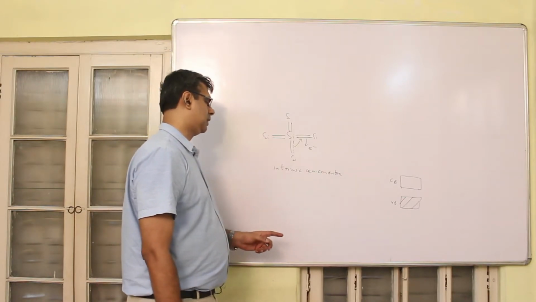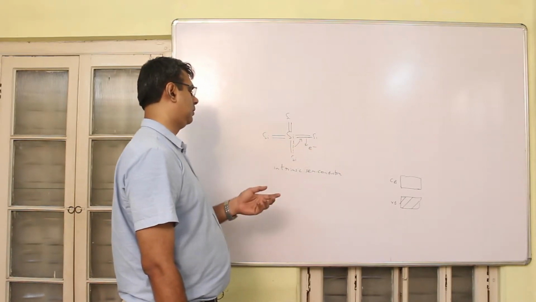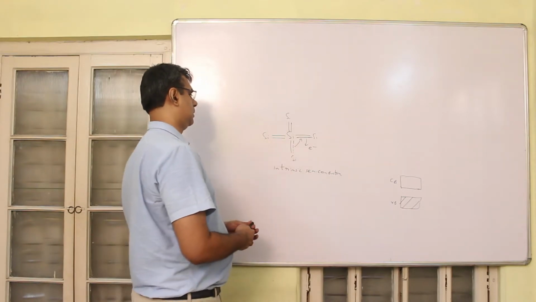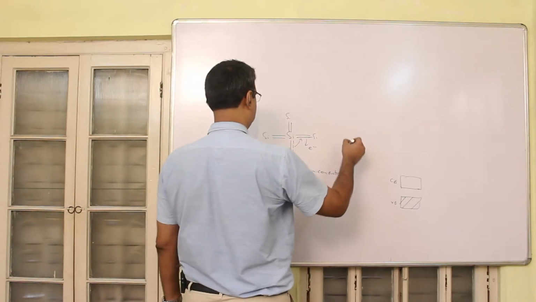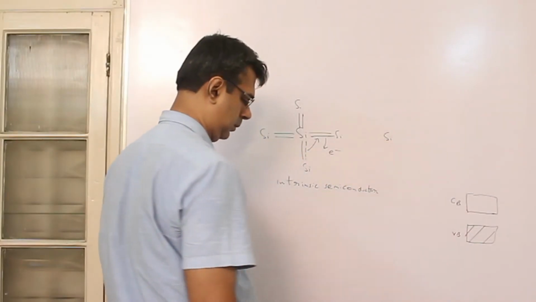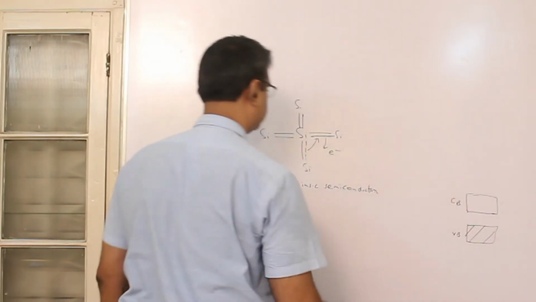But remember what I said, that the fraction of electrons coming out of the valence band will be very, very low. So to increase the number of electron hole pairs, what you can do is add an impurity to the silicon.